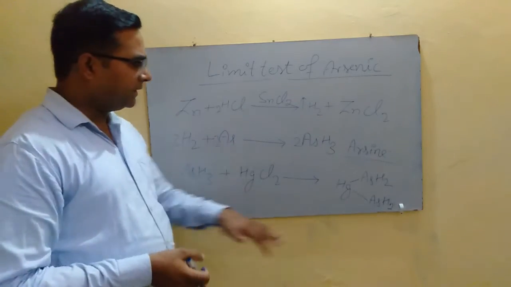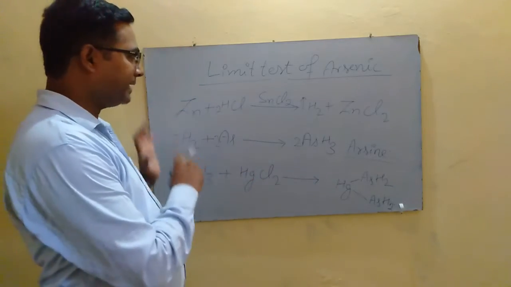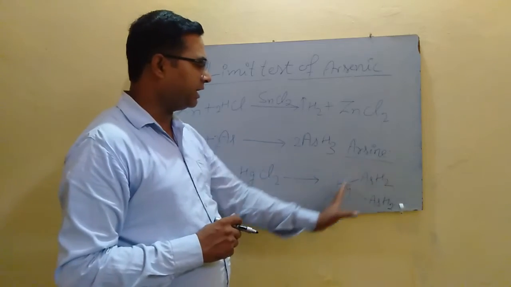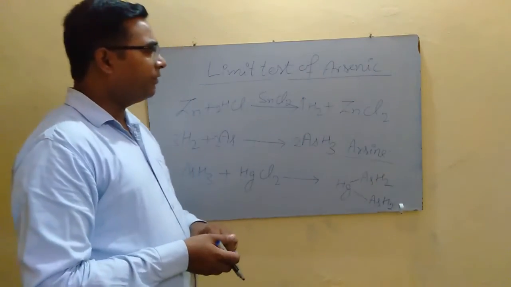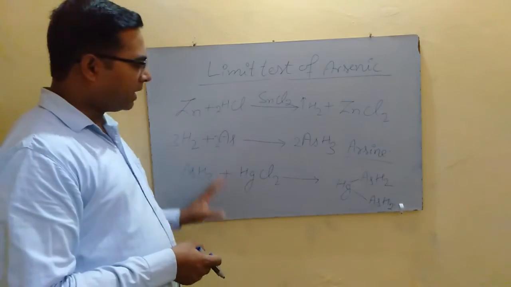If the intensity of yellow color stain in the test sample is less as compared to the yellow color stain that develops with the standard solution of arsenic, then our test sample passes the limit test.